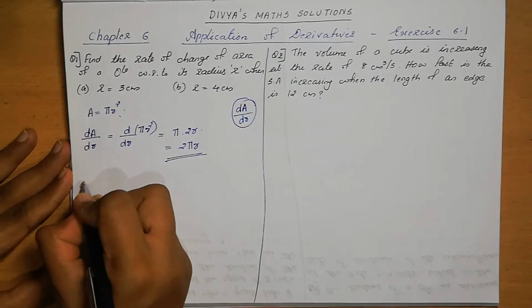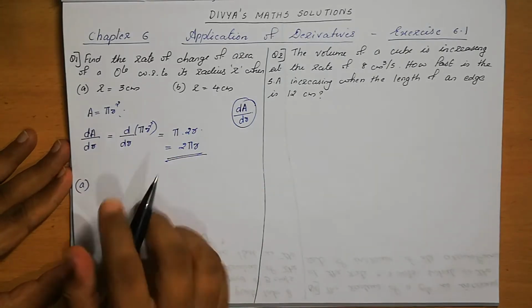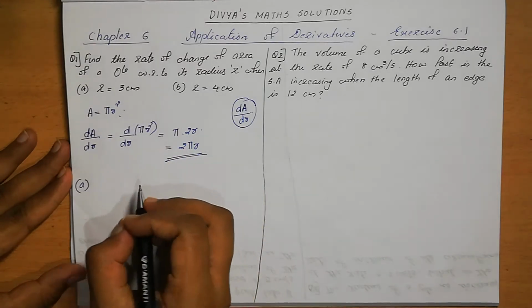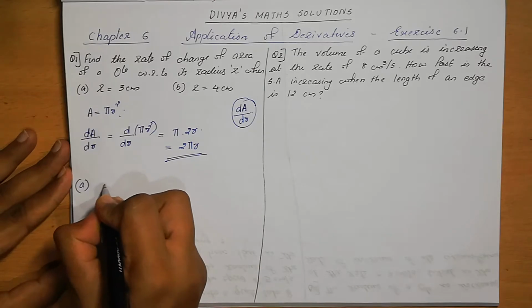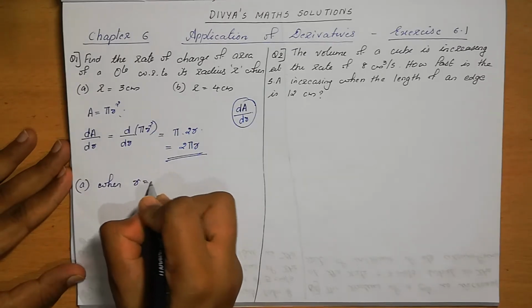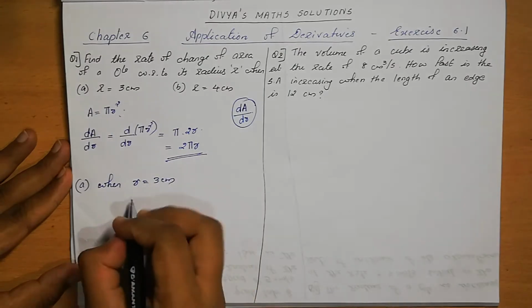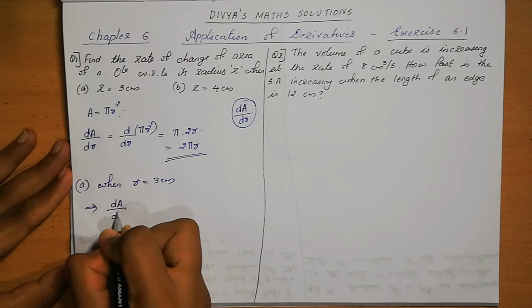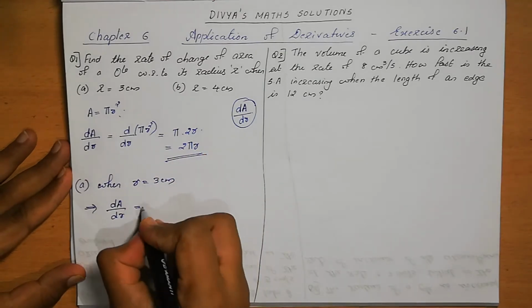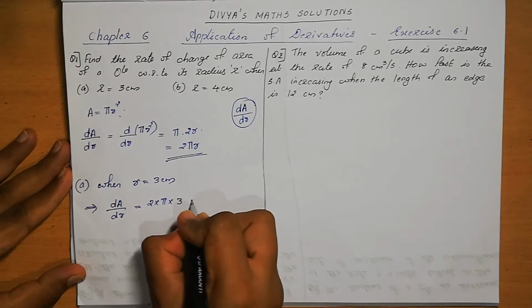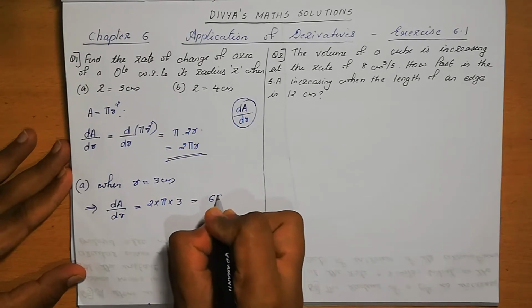First, we need to find the rate of change of area when r equals 3 cm. That means dA by dr equals 2 pi r, that means 2 into pi into 3, that means 6 pi.